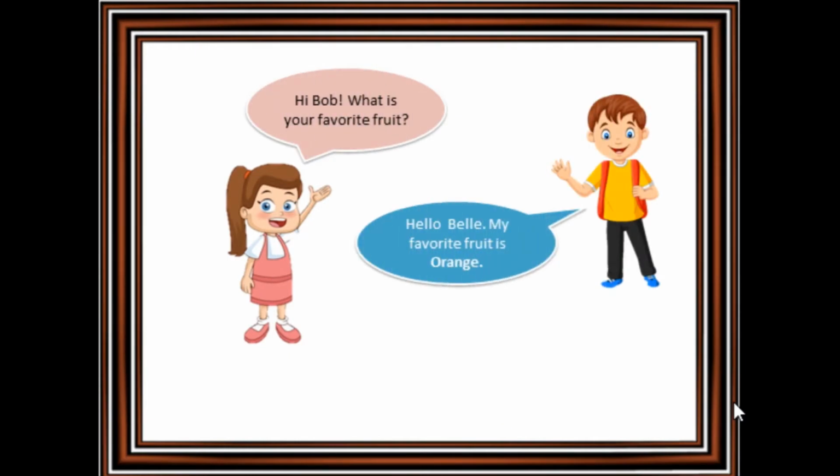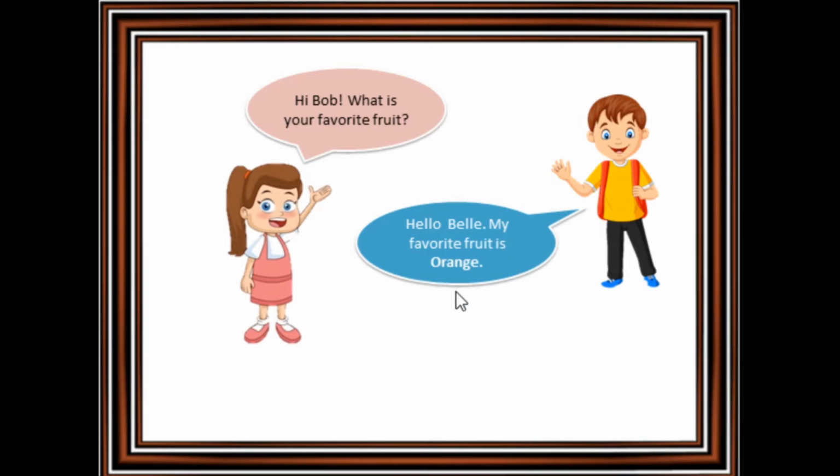Now, we are going to make a table out of this question. Belle wants to find out what the favorite fruits of her classmates are. So she asked again, "Hi Bob, what is your favorite fruit?" "Hello Belle, my favorite fruit is orange."